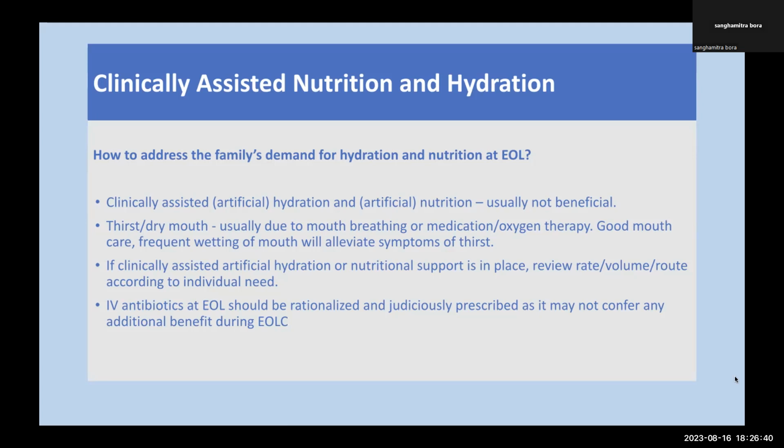IV antibiotics should be rationalized and judiciously prescribed. If you find any evidence of infection, which definitely might be there, you will definitely prescribe an IV antibiotic for the patient.